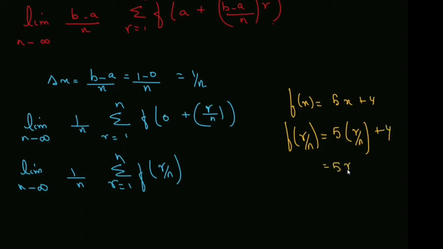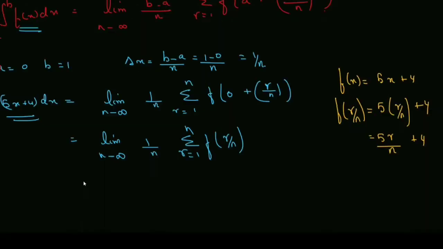So 5r by n plus 4. So this will now become the limit as n tends to infinity of 1 by n sigma r from 1 to n, and in the place of f of r by n, we write 5r by n plus 4. The sigma is for both the terms.